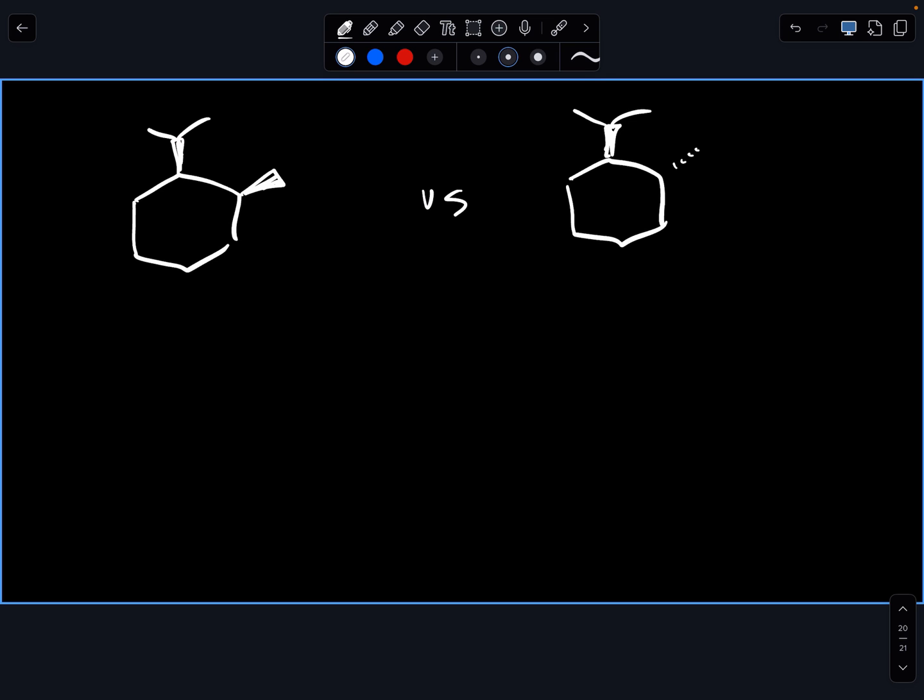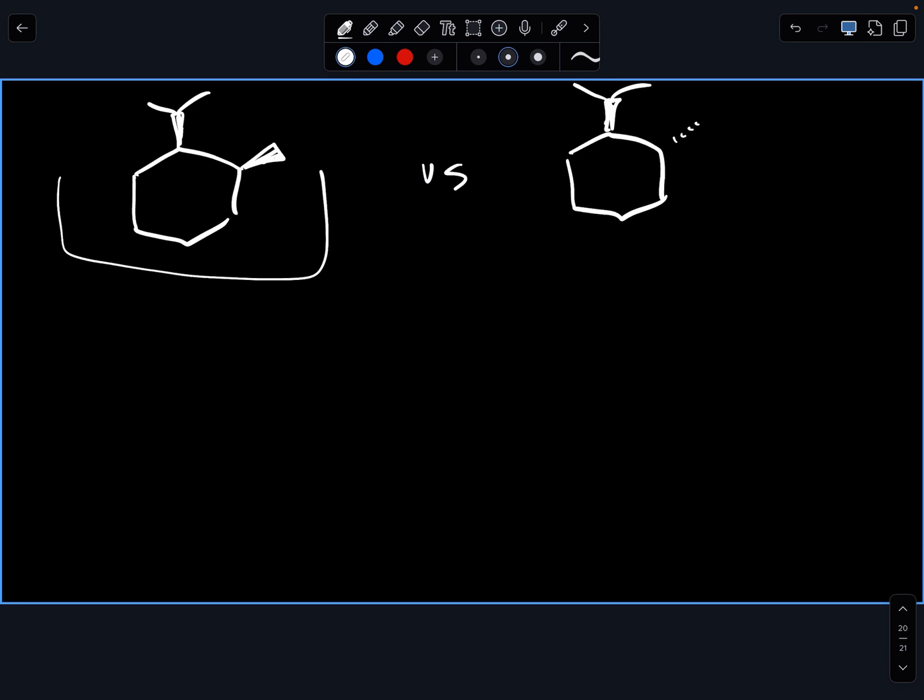Well, in order to figure that out, you need to draw the chair structures. And so we're going to start with the left one, and it's going to have 2 chair structures. Let's call that carbon 1, carbon 2, carbon 1, carbon 2. Carbon 1 has an up and an over.